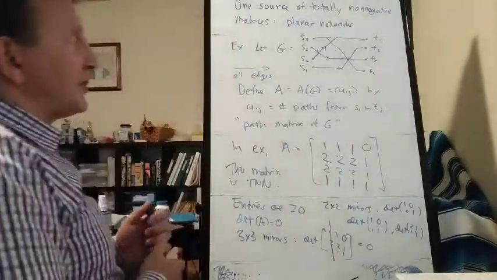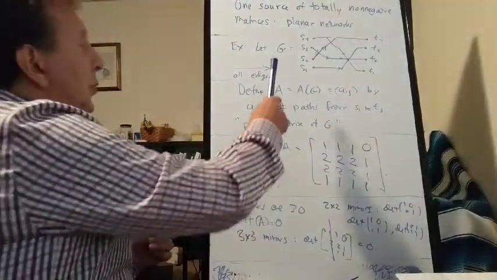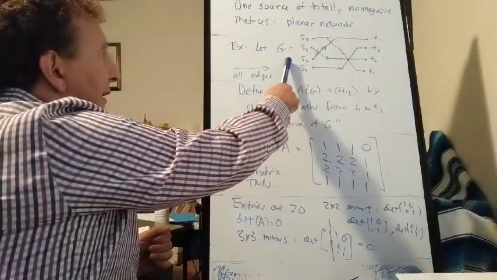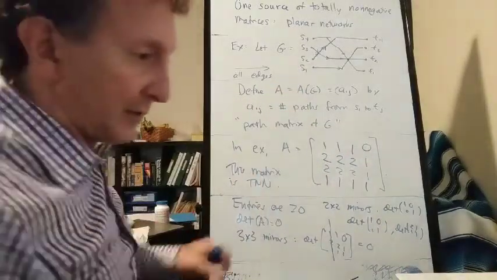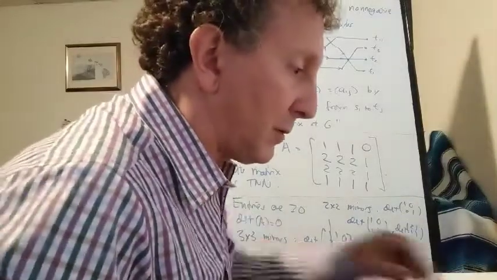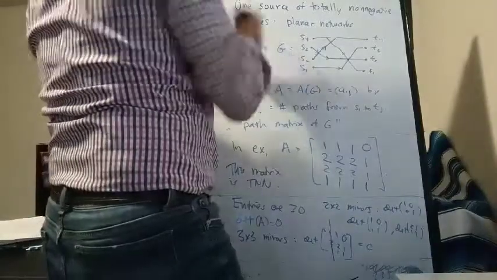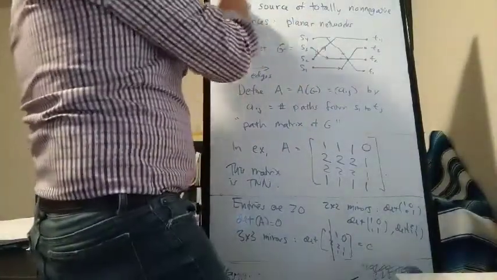Alright, now the natural question to ask is, which graphs like this are going to lead to matrices that are totally non-negative? Well, the answer is the planar network, so let me define that carefully.